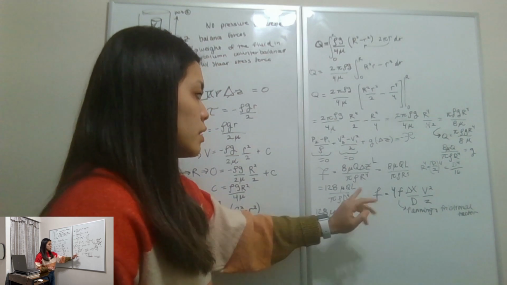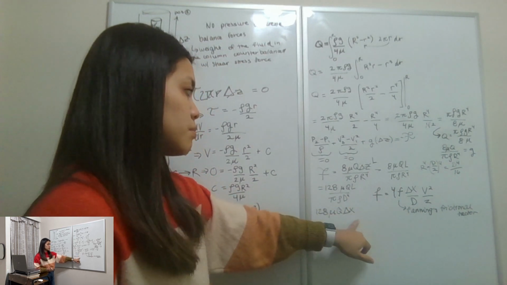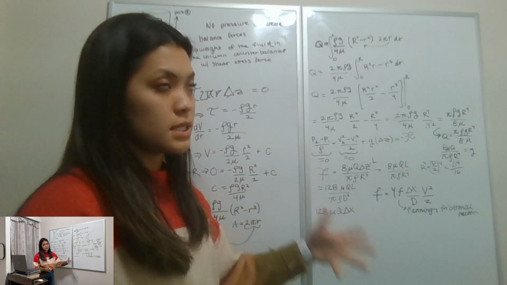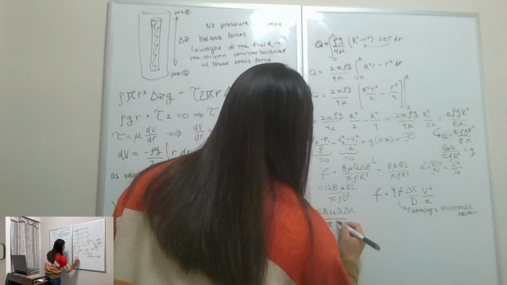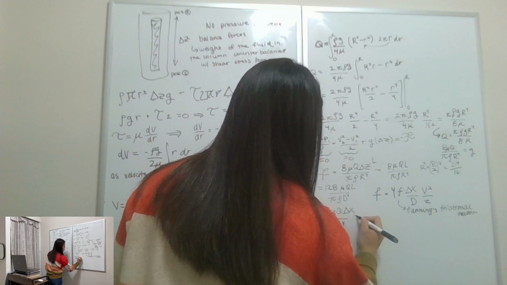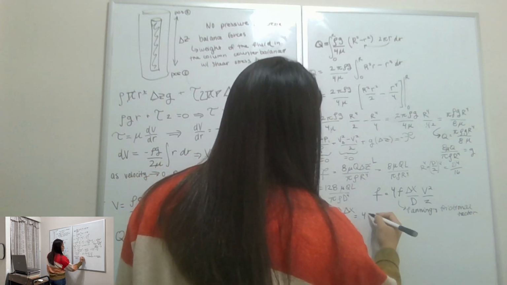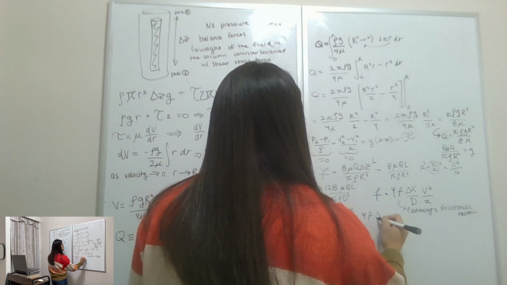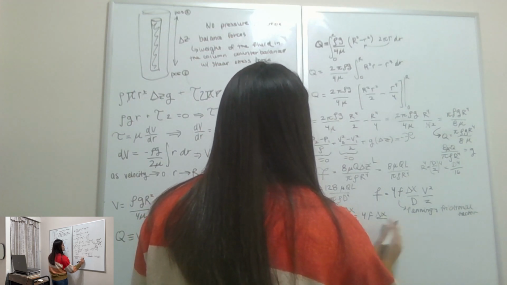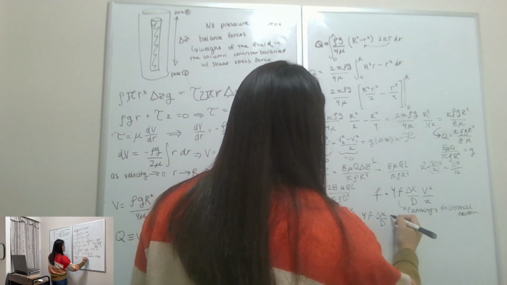And so just for simplifying purposes, we can put that as the change in x because that's the same thing, divided by pi times the density times the diameter to the fourth is equal to 4 times the frictional factor times the change in position divided by the diameter times the velocity squared divided by 2.